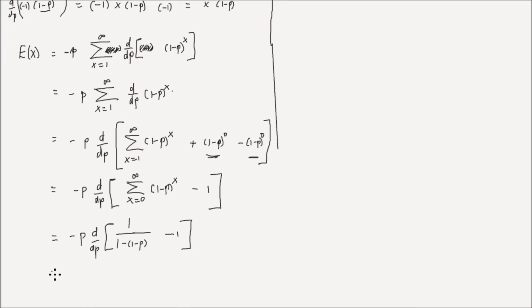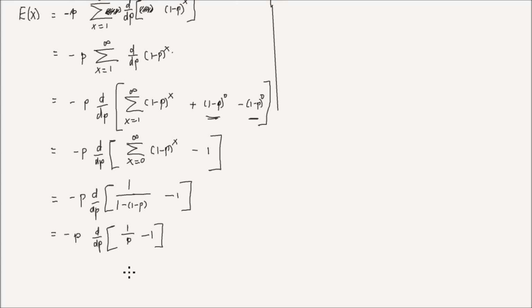So this equals minus p times the derivative with respect to p of 1 over the denominator, which simplifies to p minus 1. And take the derivative of 1 minus p minus 1 with respect to p, you get the following. Minus p times minus 1 divided by p squared. If you simplify this, you get 1 over p as the expectation of the random variable x. Okay?